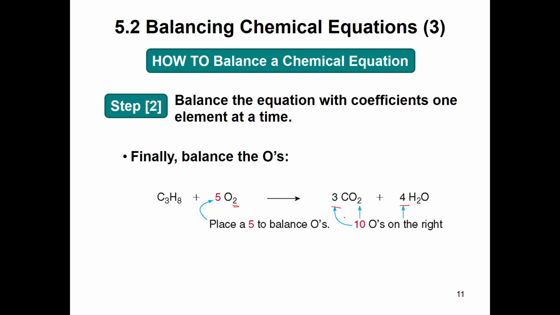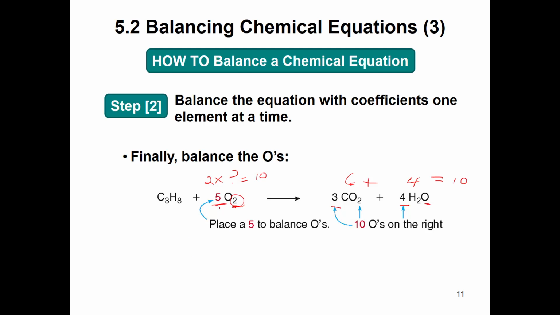So I now have, I had 2 O's over here, and I have 4 times 1 is 4 oxygens, plus 3 times 2 is 6 oxygens, so I've got 10 oxygens on this side, and before I added the 5, I only had 2 on this side. So then I say, okay, I've got 2 on this that I cannot change, so 2 times what would give me 10, and the answer is 5.